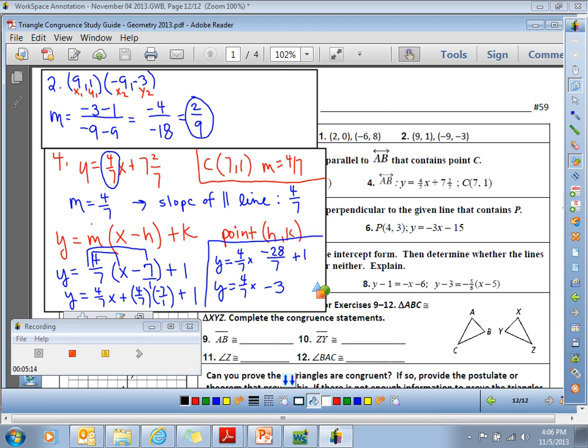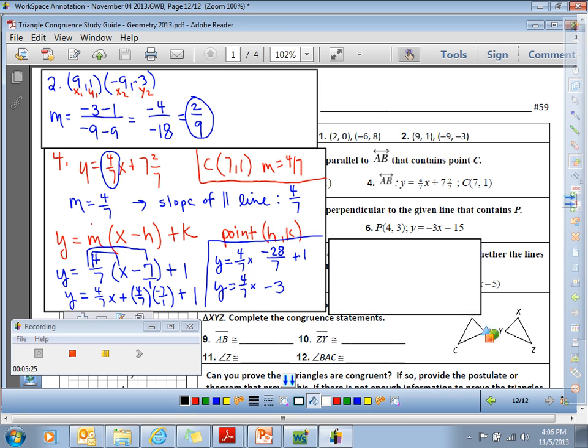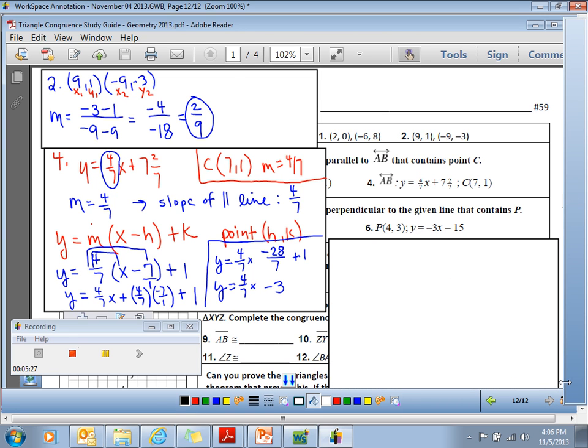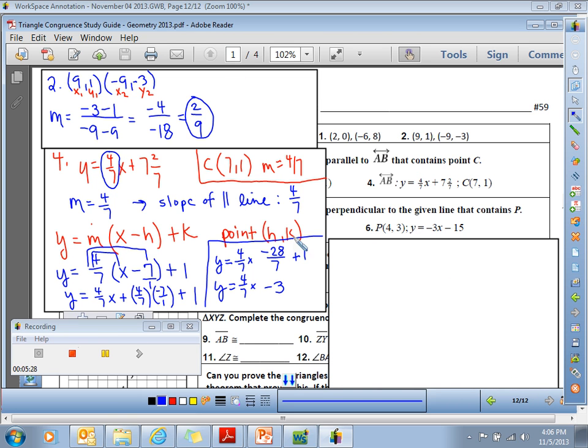Okay, number 5 is on the other video, so you're welcome to watch that. And I'm going to do number 6. Number 6 says write an equation of the line perpendicular to the given line that contains P. So here's your given line, and we want to contain point P, which is (4, 3).